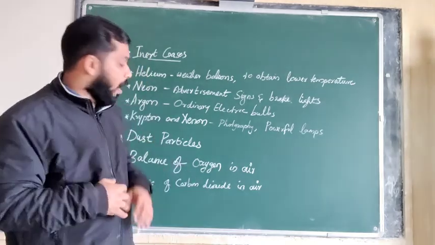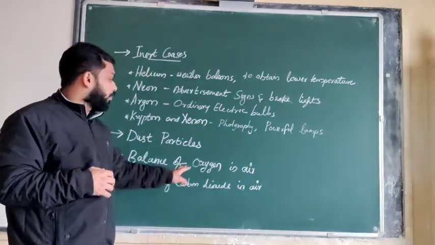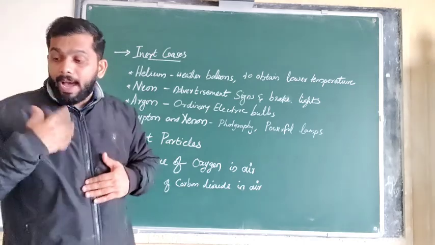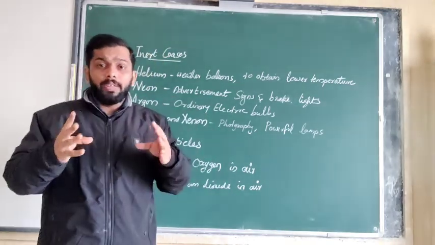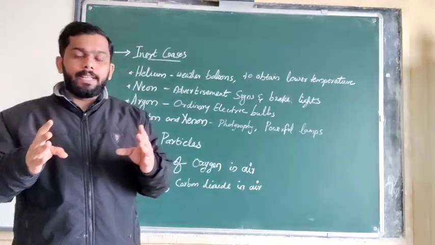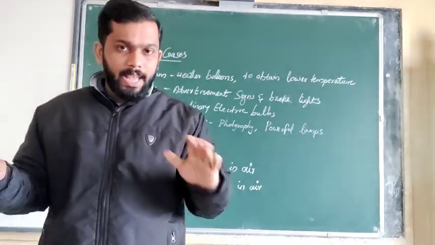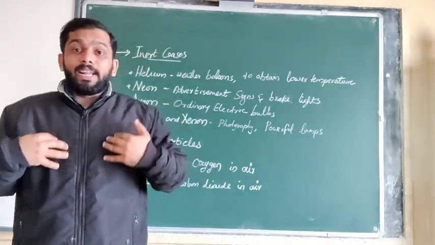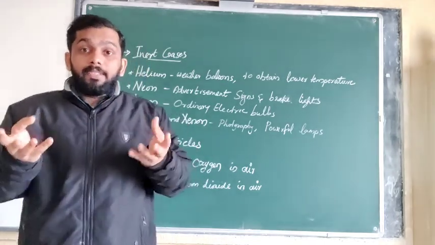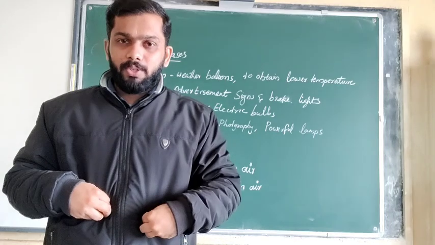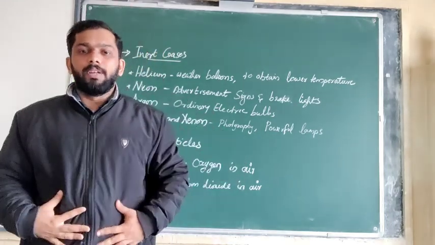Very simple points. Balancing of oxygen in the air. How are we balancing the oxygen in the air? We know that all living organisms, both animals and plants, when they are respiring, release carbon dioxide, but they consume oxygen. So oxygen is consumed, is it not?